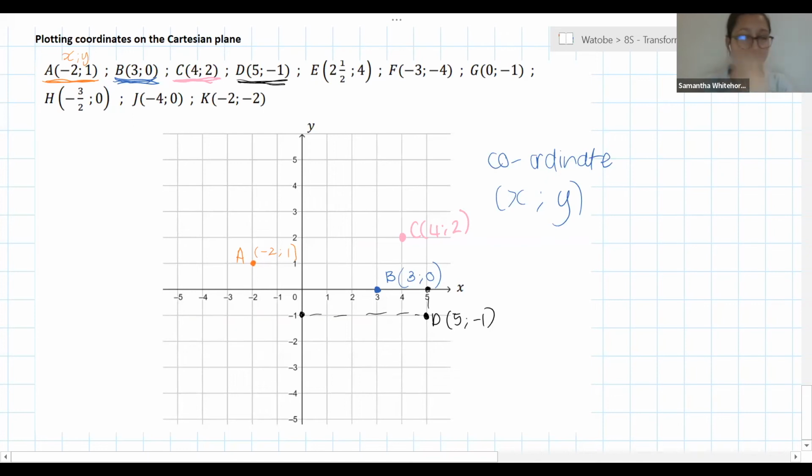Pleasure. Sorry, everyone, I just choked on my spit, so that was fun. I do apologize. Thank you, Palesa. Yes, D is at 5, -1. Importantly, as Palesa said, that -1 meant I was moving down from my x-axis. So that would be point D.